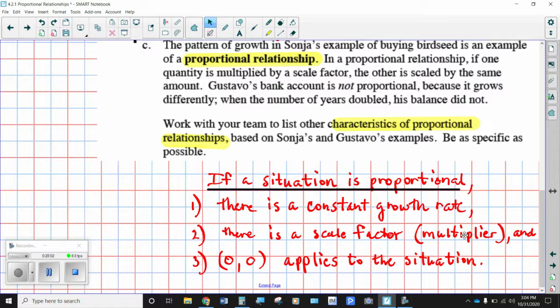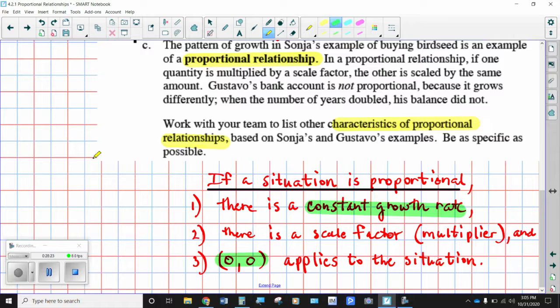It's not always the unit rate, okay? And then this is the other big key. 0, 0 applies to the situation. So I would say the two biggest things to be aware of is that there's a constant growth rate or a unit rate, and 0, 0 applies. Those two are the big ideas that fit in with proportional reasoning.